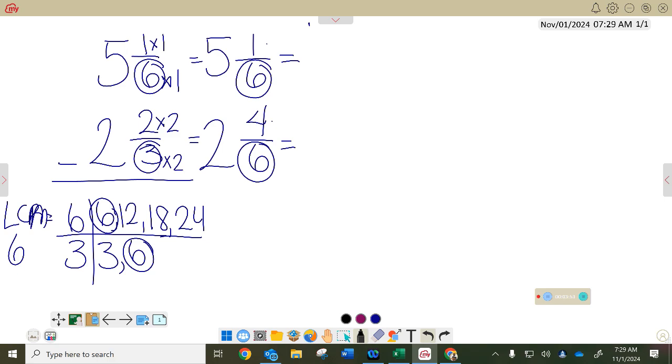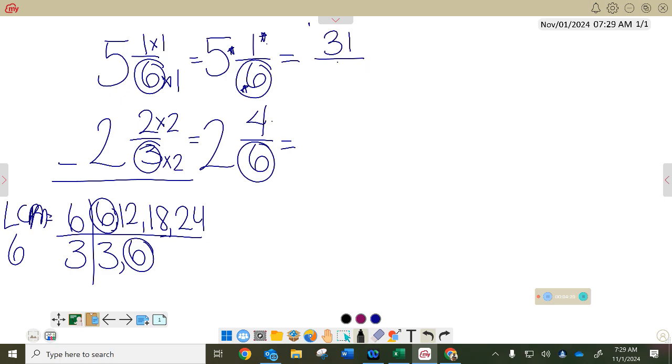To change your mixed number to an improper fraction, you take your whole number and you multiply it by your denominator. So that's going to be 5 times 6, which equals 30. And then you add your numerator, so that would be 31. And that becomes your numerator.